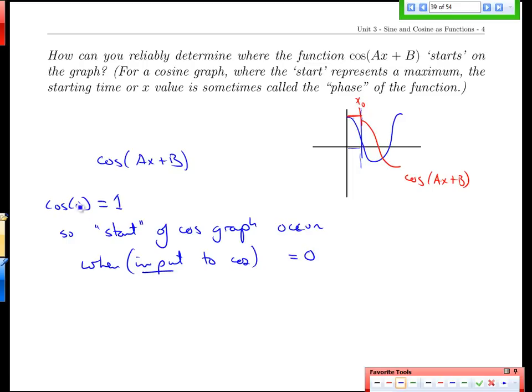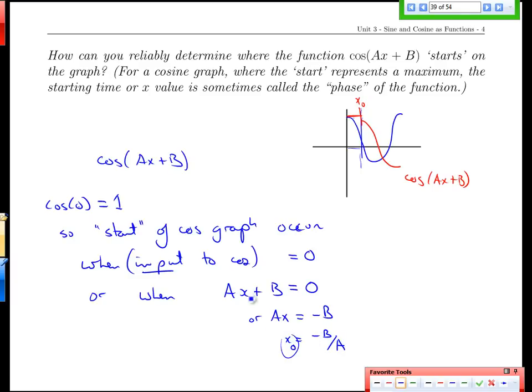Clarify that for a second. If we plug a 0 into cos, we get a 1. If we plug some value and we want to know where the 1 is, we need to know what the input was that gave rise to that peak, that highest value. When's that going to occur? When ax plus b equals 0. So when the input equals this, we'll get a value of 0, or to simplify, minus b is equal to ax, or x is equal to negative b over a. And that would be our x0.